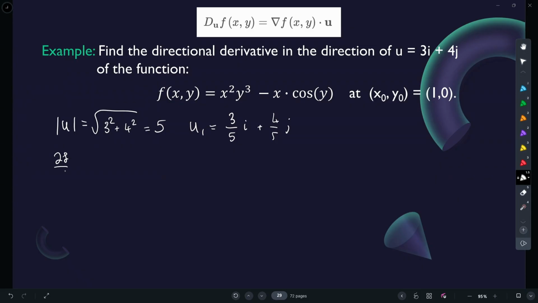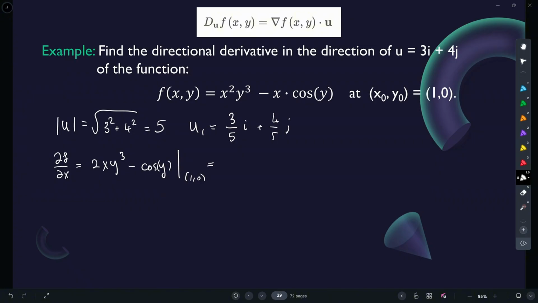So the derivative with respect to x is 2x y cubed minus cosine of y. Evaluate at (1, 0). The first term here, y is 0, so that goes to 0. The cosine of 0 is 1. Again, I think you should know the cosine and sine values of 0, 30, 60, 90, 45. Cosine of 0 is 1 if you look at the unit circle, the x-coordinate.